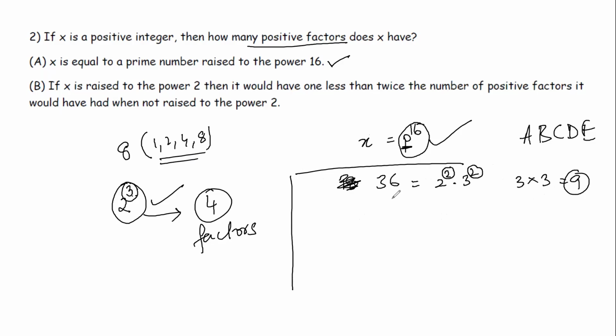And you come to know there are 9 positive factors of 36. Those are 1, 2, 3, 4, 6, 9, 12, 18, 36. 1, 2, 3, 4, 5, 6, 7, 8, 9. Got it?